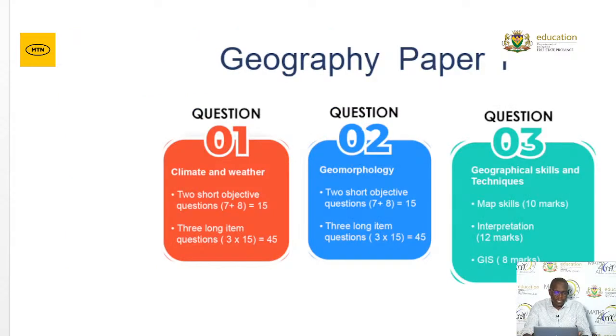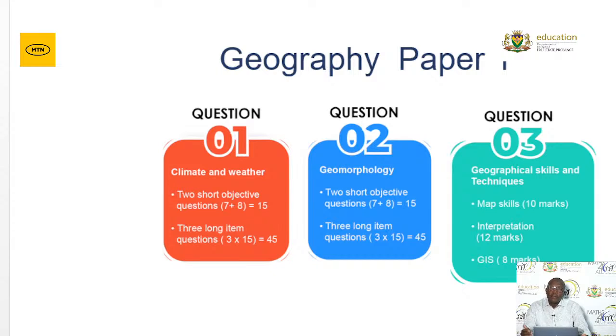Question 1 is climate and weather. We have two short objective questions, most probably 7 and 8, which is 15 marks. Let's remember, my learners, that those short objective questions are the concepts in geography. If you don't understand concepts in geography, you won't be able to understand any process that follows from those concepts.